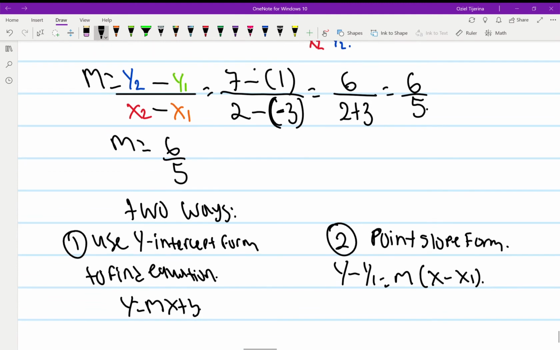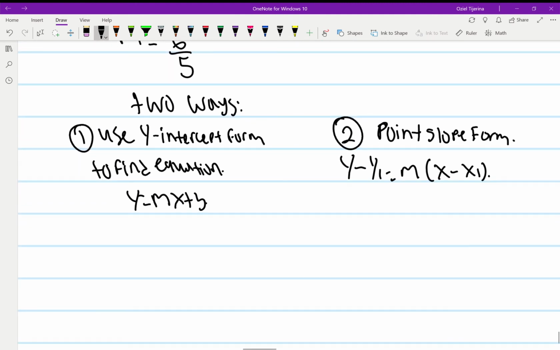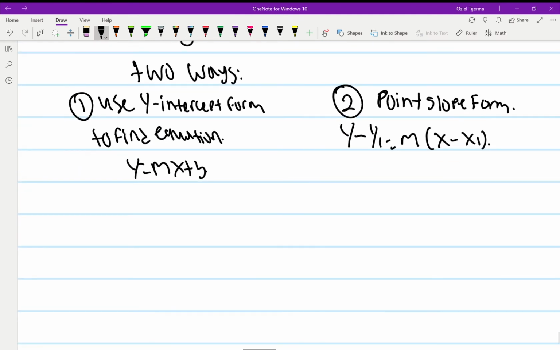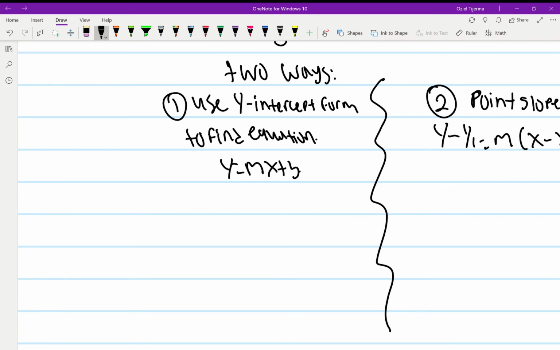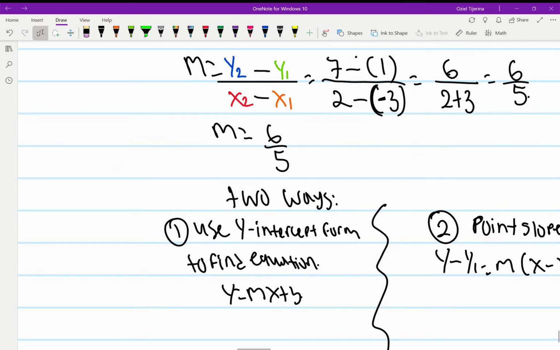So, for the sake of it, I'm just going to do both. So here, first we have our slope, right?